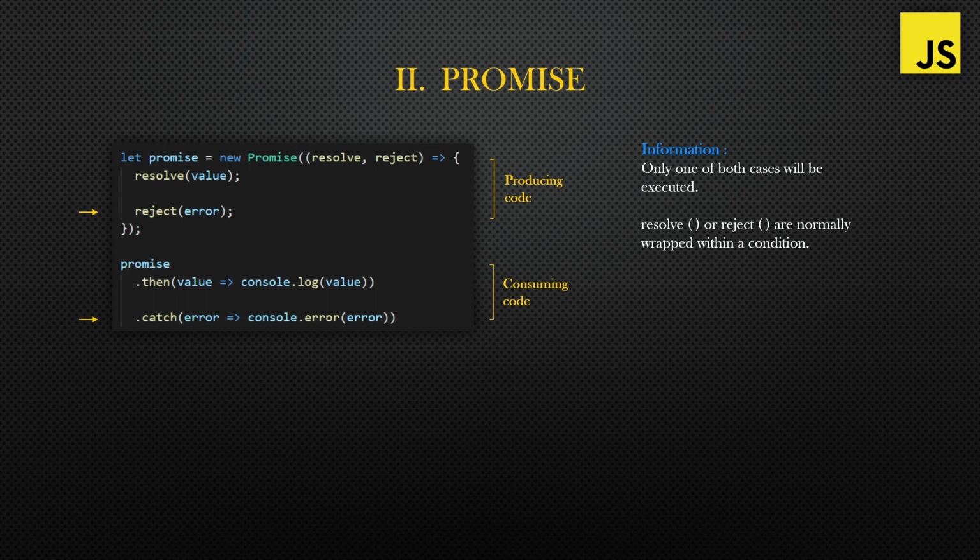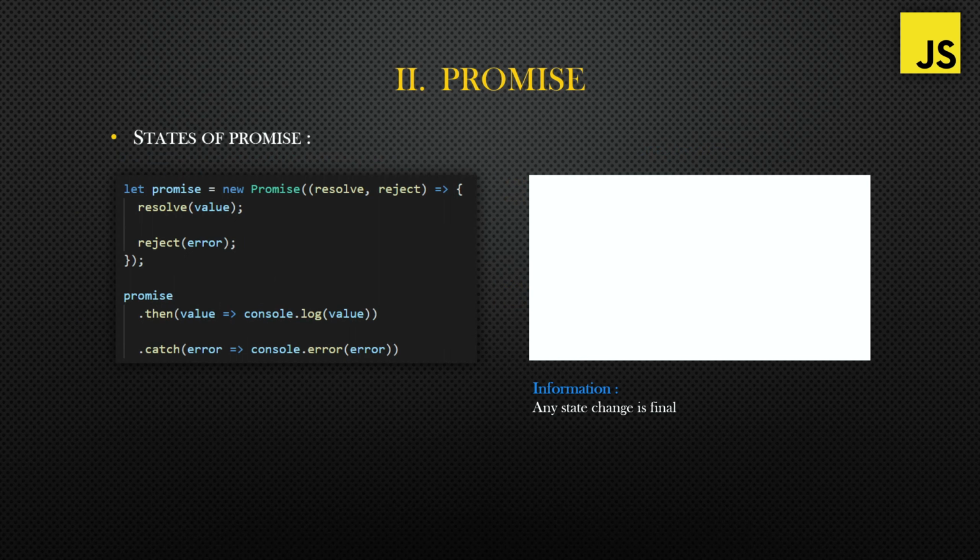So resolve and reject are normally wrapped within a condition. There are three different states of a promise. Any state change is final, which is the same as saying that a promise is either resolved or rejected. So first, you are going to create the promise object. The state is pending and the result is not defined yet.